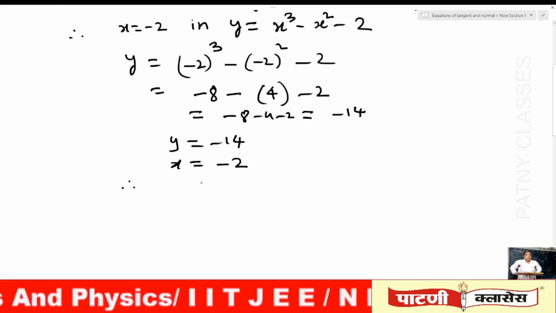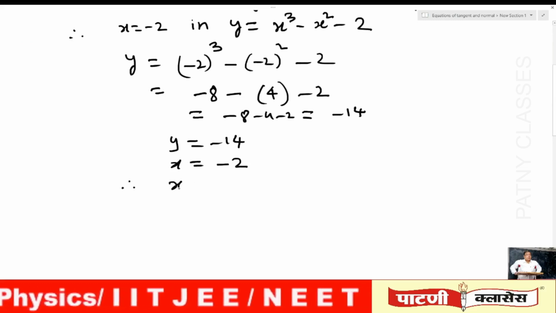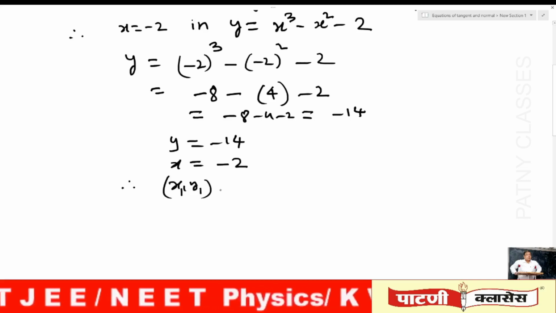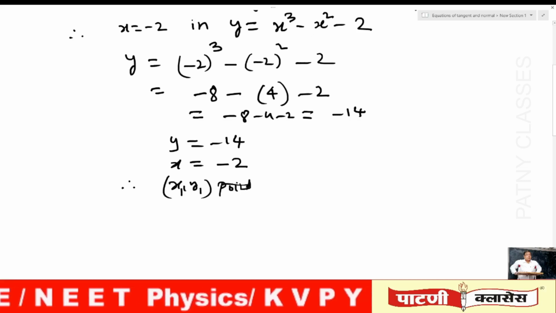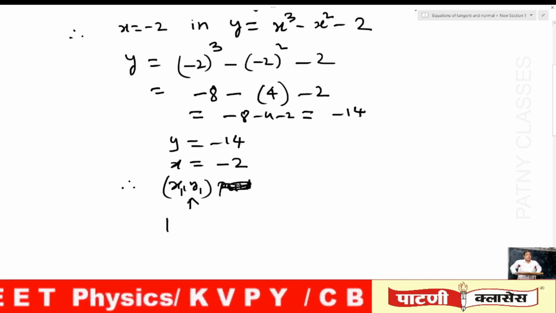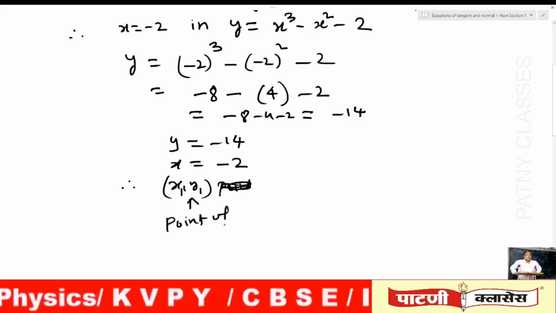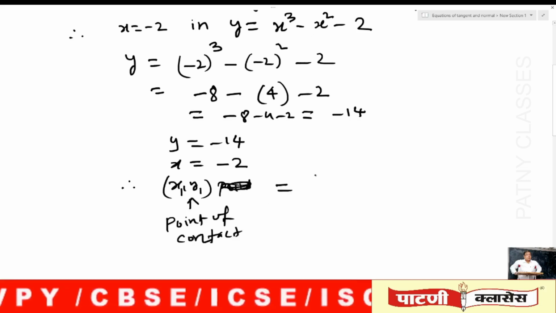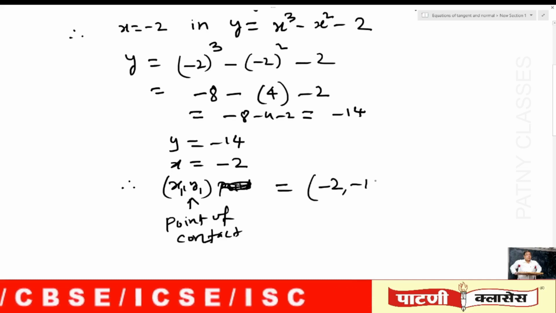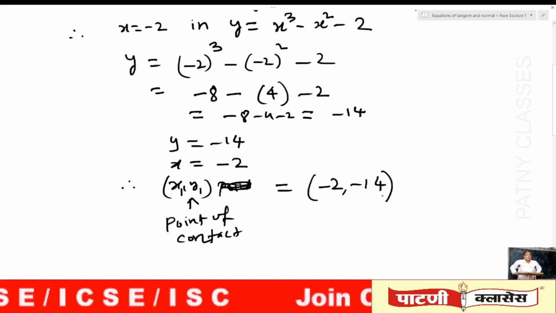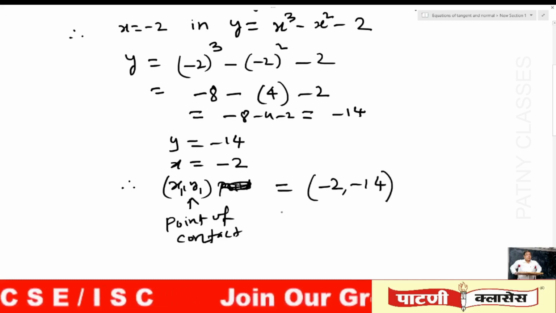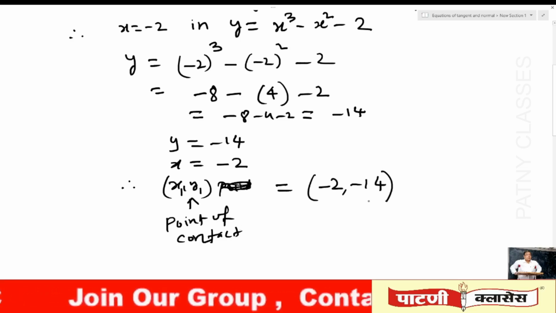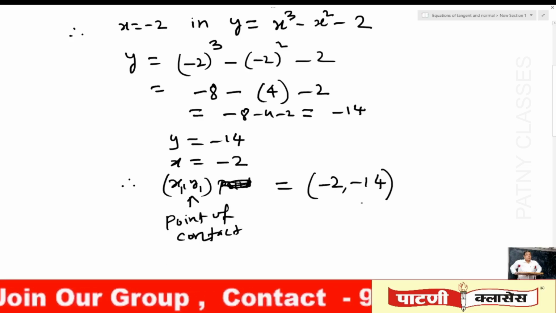Therefore now (x, y), which we can call (x1, y1), is the point of contact, and that equals (-2, -14), because they gave only the abscissa, so we wanted to find the ordinate, the y coordinate. So we got the y coordinate and the point of contact.